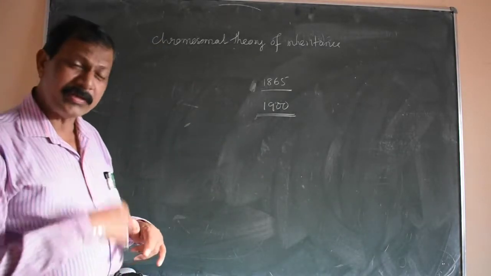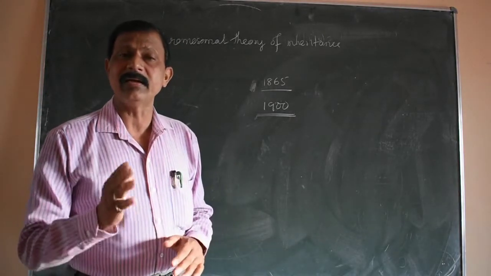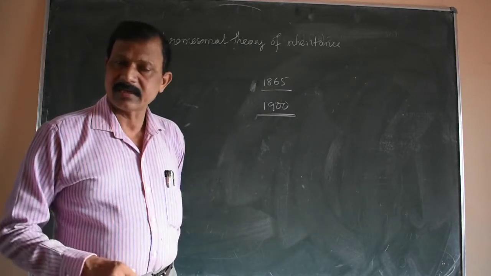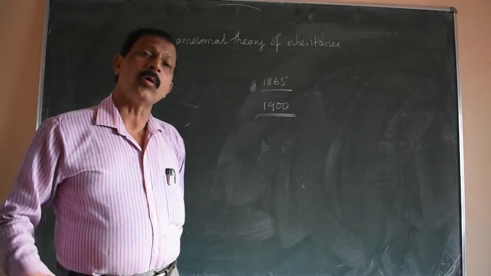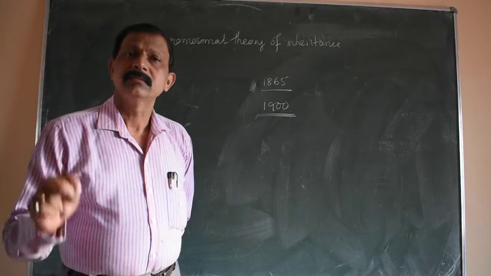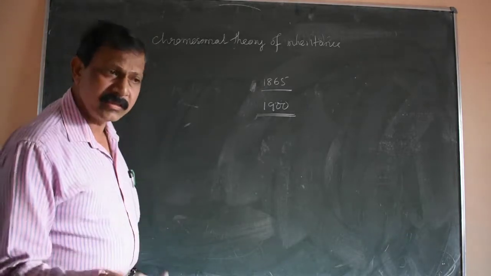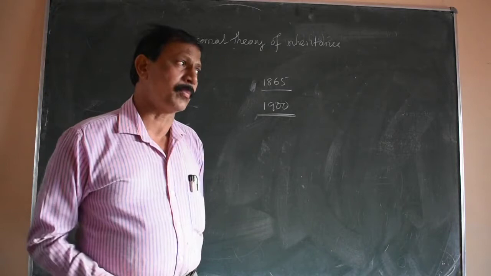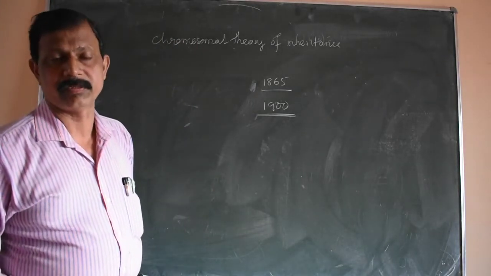They repeated the same experiments and came to the same conclusion, that what Mendel did in his hybridization experiments was correct. Of course, it does not apply to all types of plants; some 5 to 10% of plants have little variation in their dominance property, segregation property, and also in the independent segregation property.